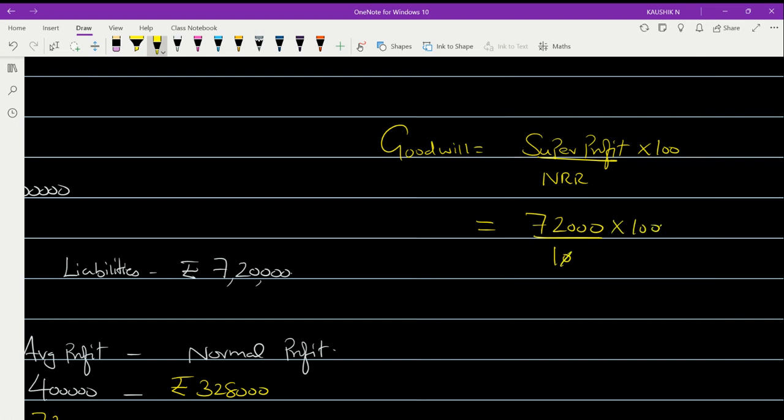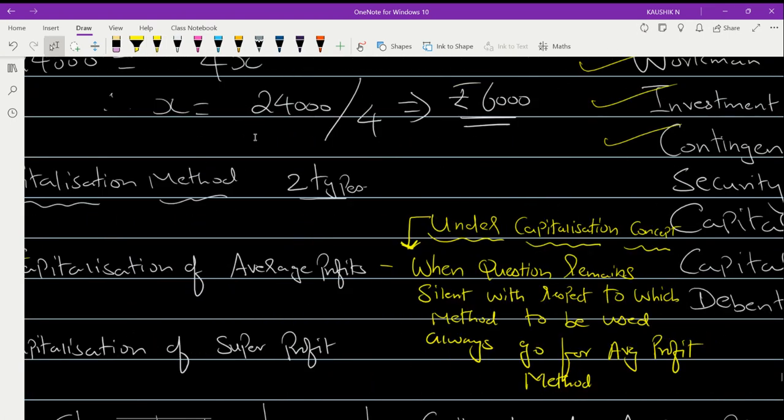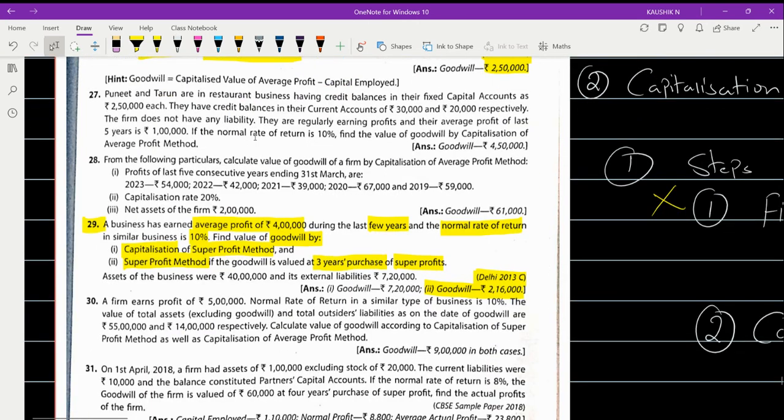Now cancel out these two common zeros. 72,000 into 10 will give me an amount of rupees 7 lakh 20,000. Check your answer whether you are getting 7 lakh 20,000. Yes, sir. Are you getting it? So that means our answer is perfect.